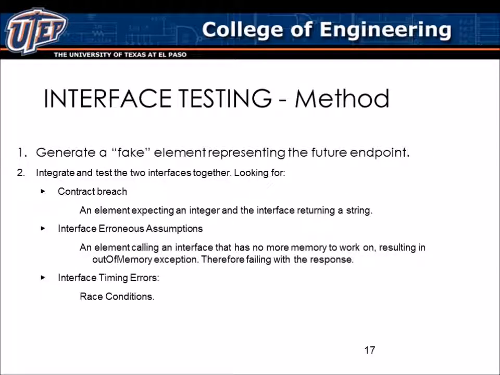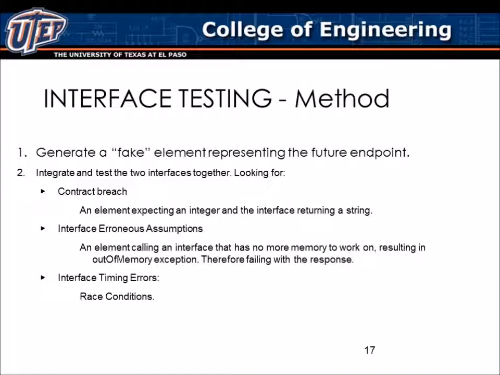Method for testing an interface. First, we generate a fake element representing the future endpoint or the future interface we're going to be interacting with. Second, we integrate and test the two interfaces together. We're going to be looking for contract breaches. For example, an element expecting an integer and the interface returning a string.